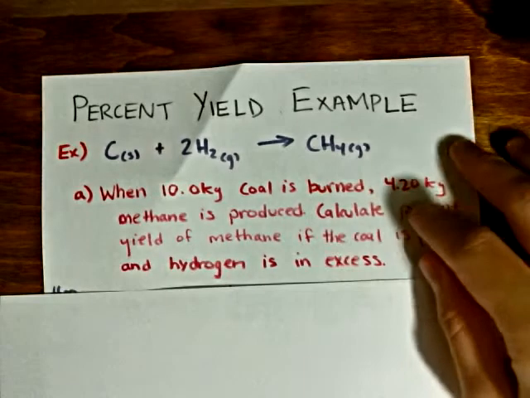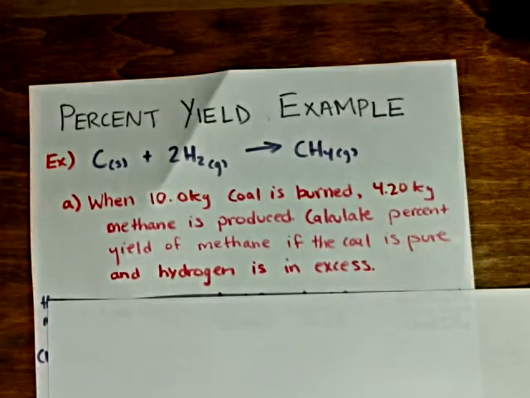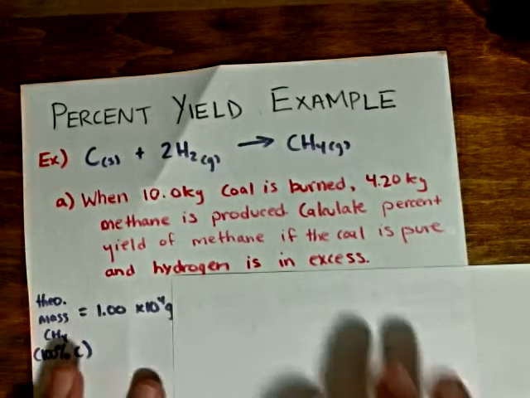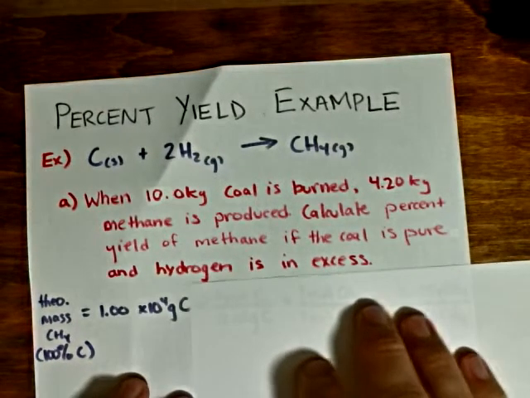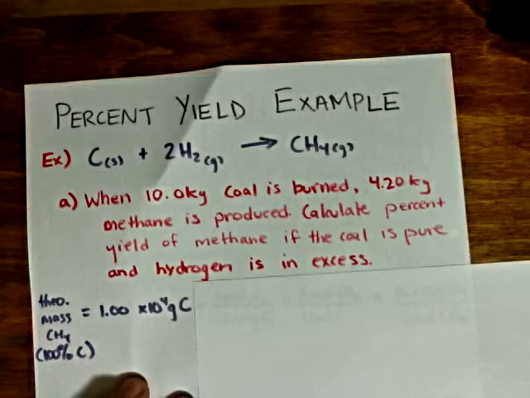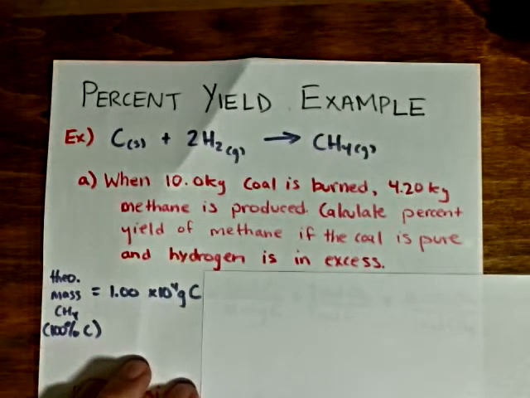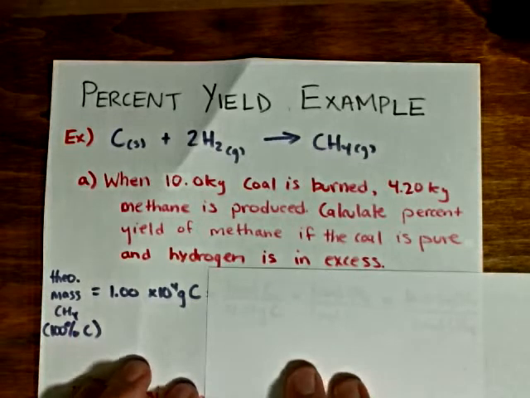So we do that by first taking the mass of the carbon. In this case, I've converted 10 kilograms into 10,000 grams, or 1.00 times 10 to the 4 grams of carbon.